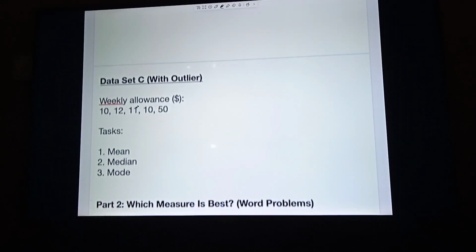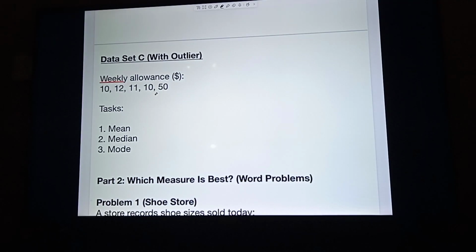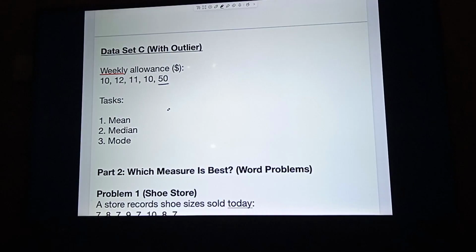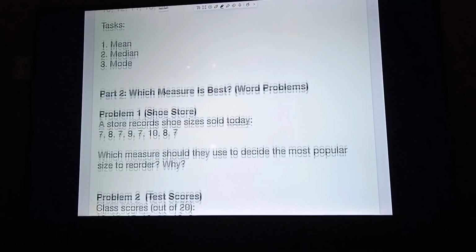The second is a bimodal data set. The third is a data set with outliers. So here is the larger value, so your distribution will be right skewed. So your mean will be pulled towards the right side.